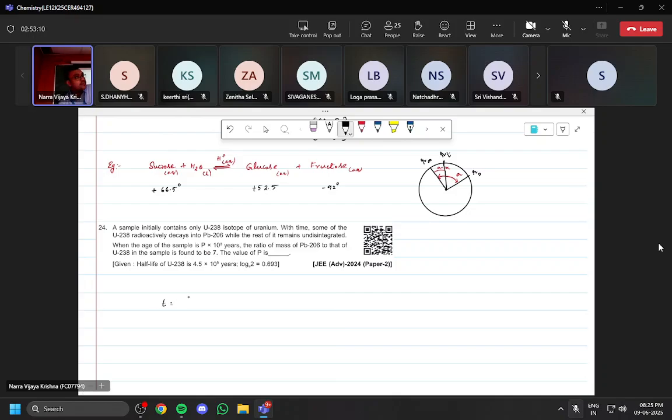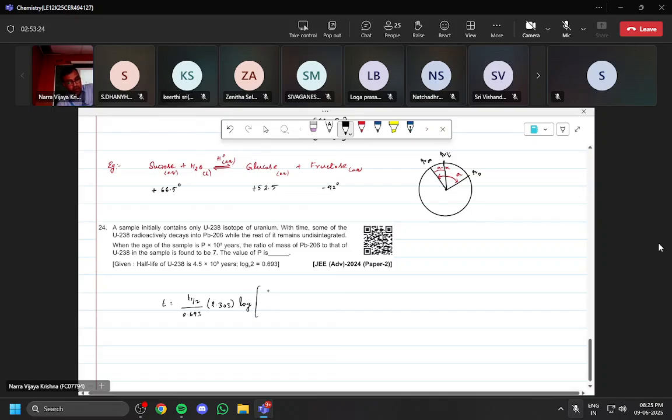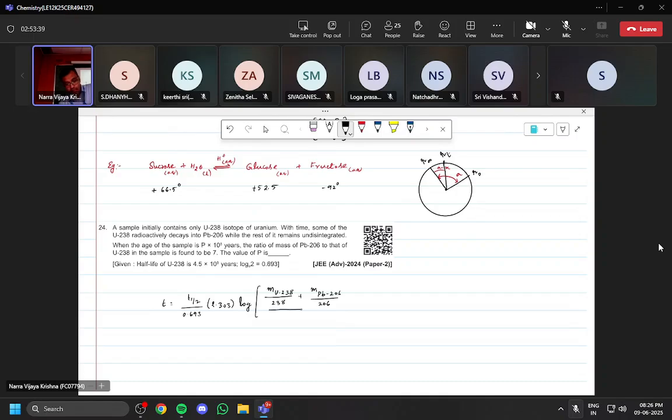T equals T half upon 0.693, into 2.303 log of, mass of uranium 238 divided by 238 plus mass of lead 206 upon 206, divided by mass of uranium 238 upon 238.